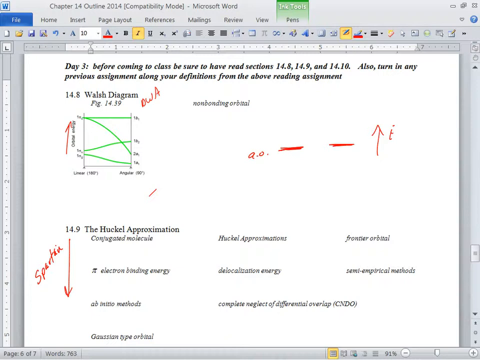You remember we had this symbol S for overlap integrals for different molecular orbitals and seeing how they overlap. Well, the Huckel approximation just sets all overlap integrals to 0, even though they're not 0.